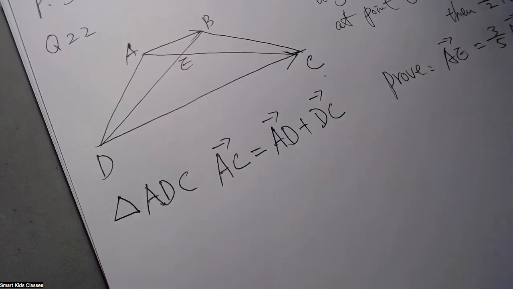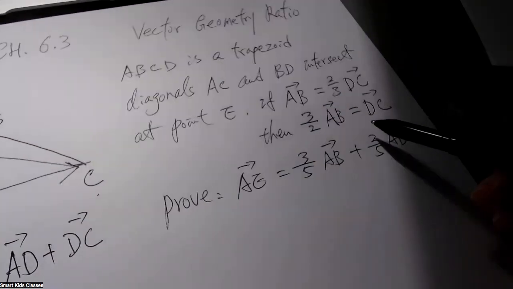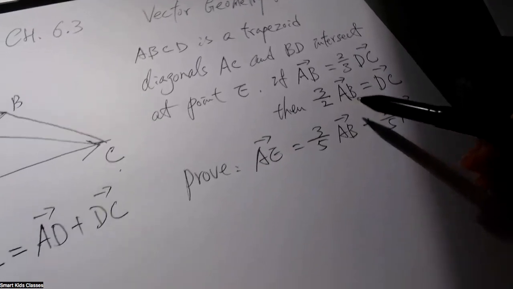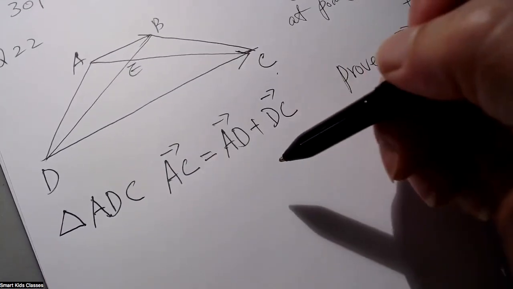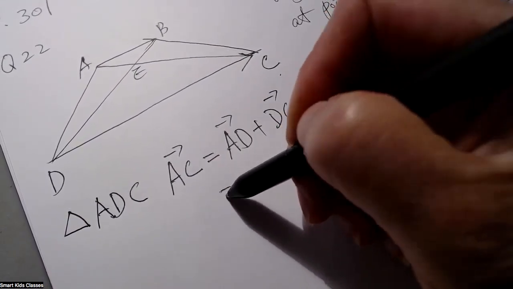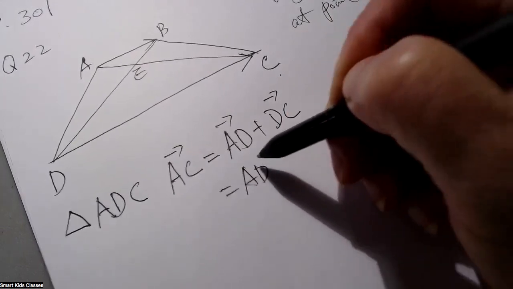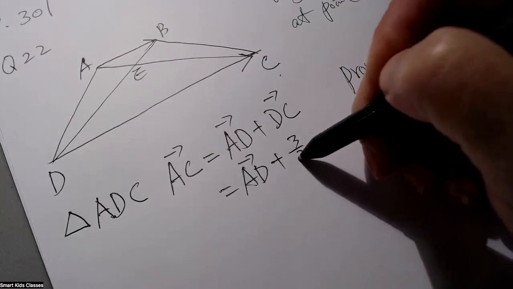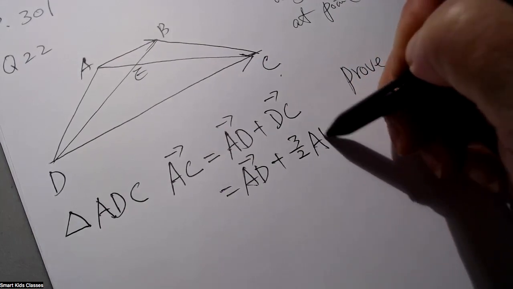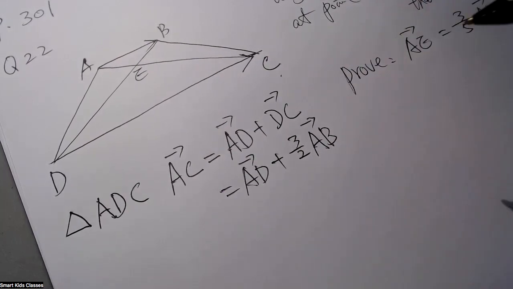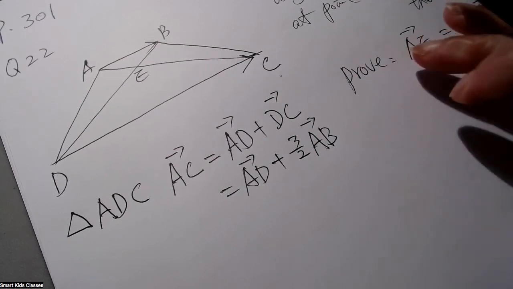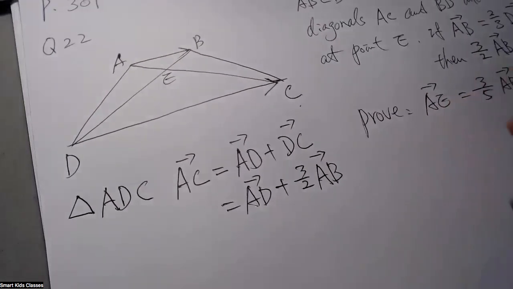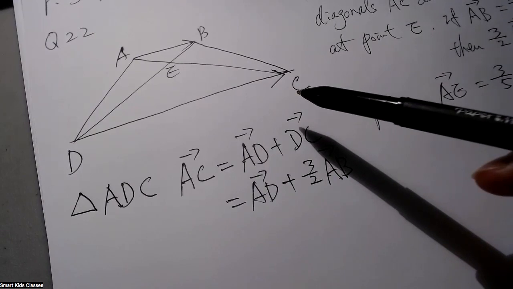Now, what is DC equal to? We already solved here: DC is 3/2 of AB. So we continue with substitution. Now, this is our first equation for the line AC.